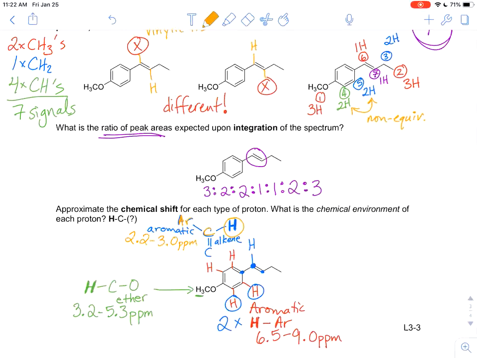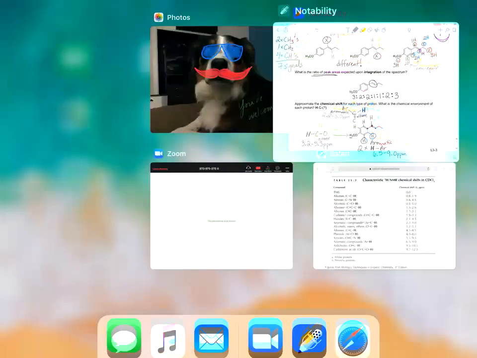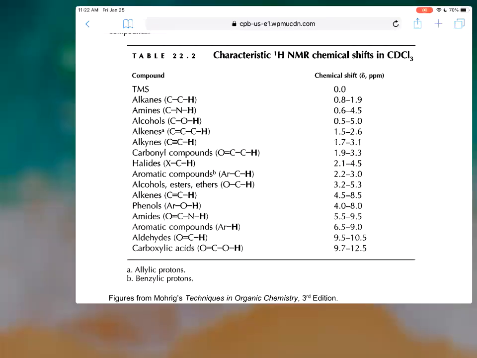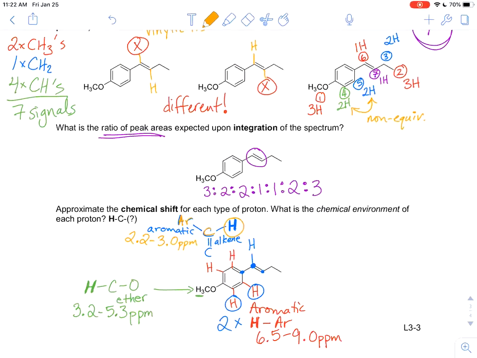The other categorization, where the hydrogen's connected to a carbon of an alkene, is sixth from the bottom, where the hydrogen's directly connected to that alkene, and that range is 4.5 to 8.5. Pretty big difference.